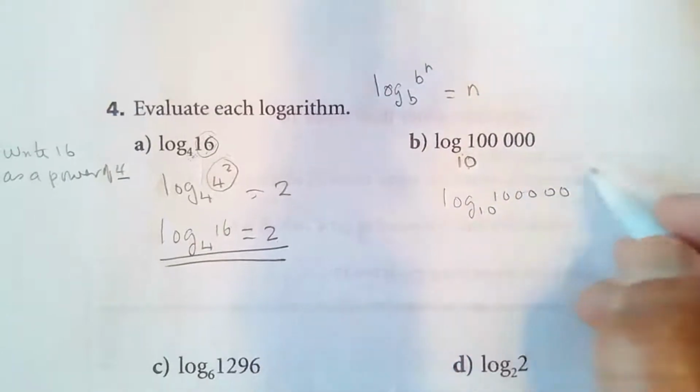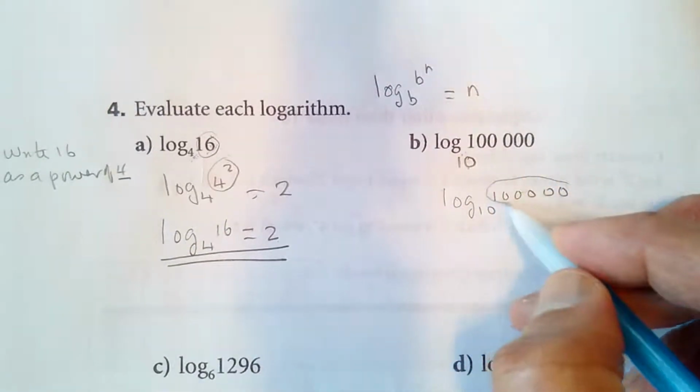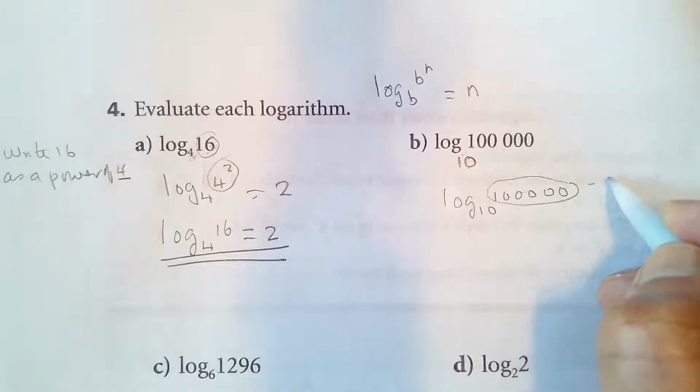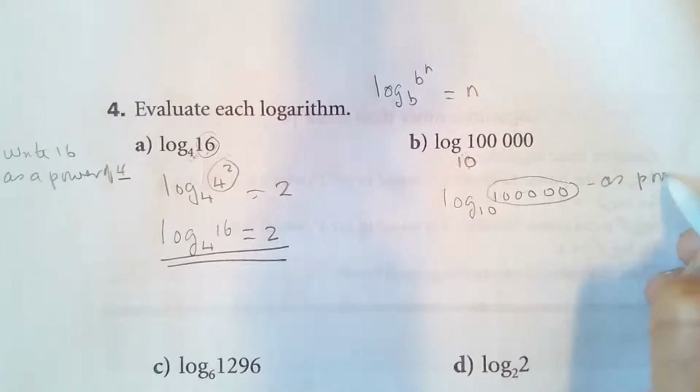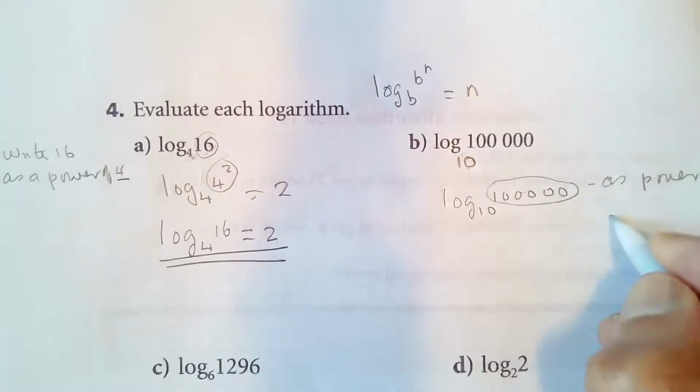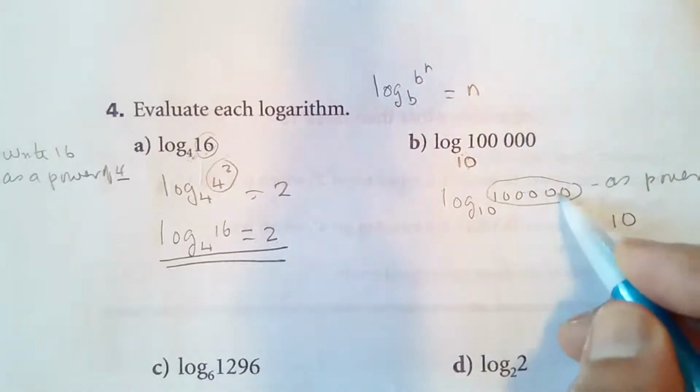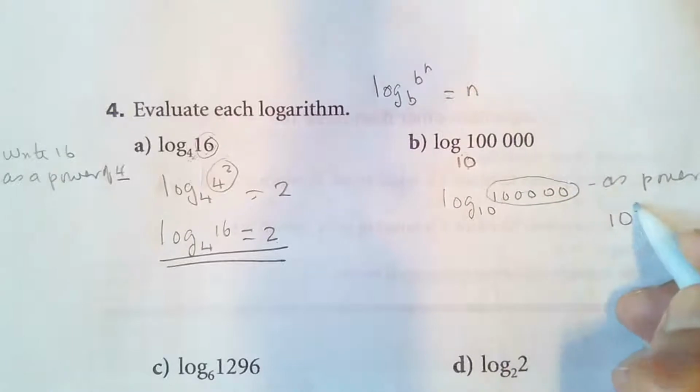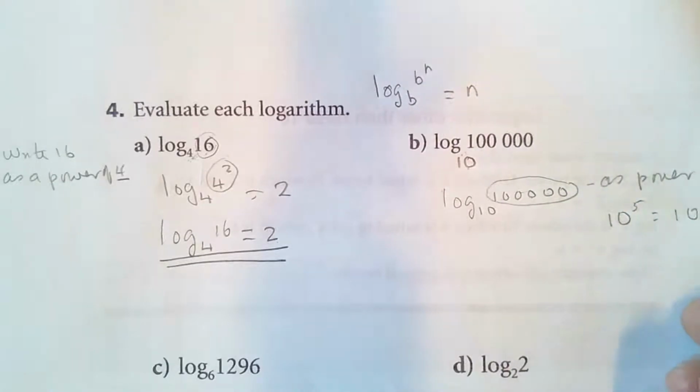What you like to do now is to write 100,000 as a power of 10. So 10, how many? 1, 2, 3, 4, 5. 10 to the power of 5 is equal to 100,000.